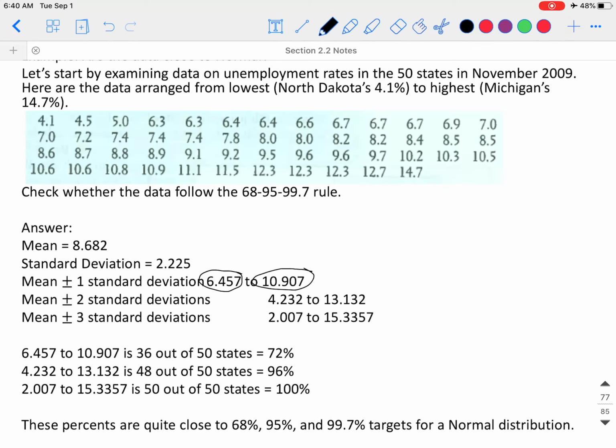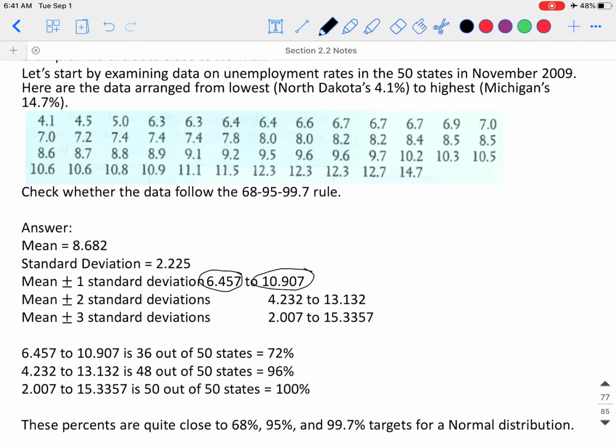Once you have these windows or ranges of values, you count how many of your data points fall within them. If we count our data values between 6.457 and 10.907, we'll see that out of the 50 states, 36 of them fall in that category, which gives us 72%.